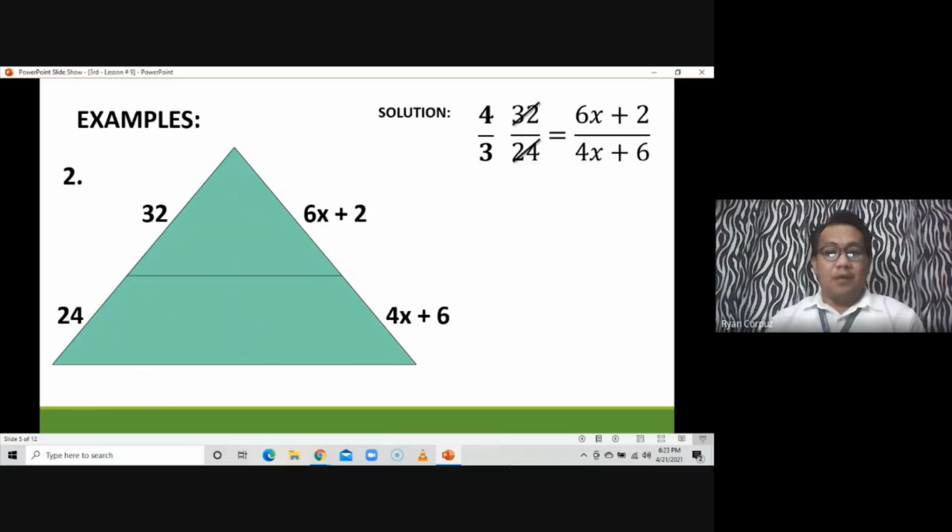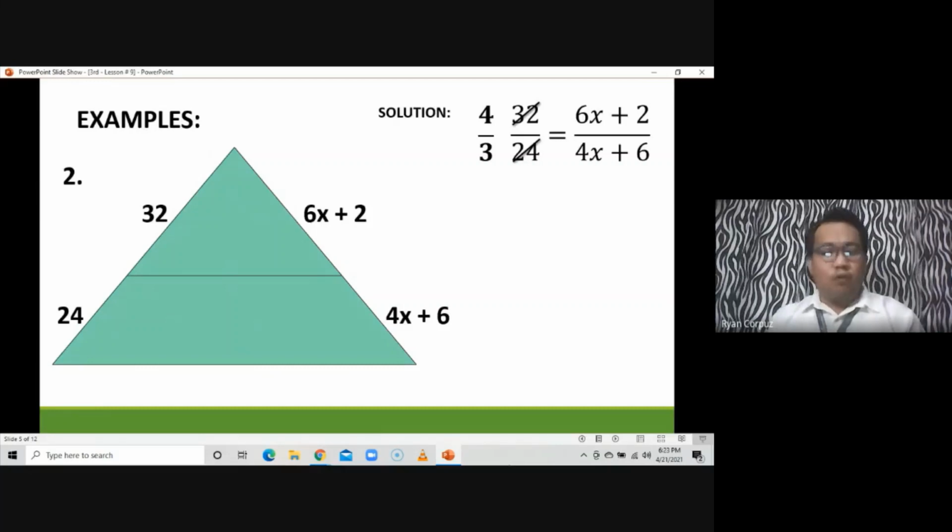Since we formed a proportion, our goal is to find the value of the variable so that the two ratios become equal. We apply cross multiplication, just like applying the fundamental law of proportion.